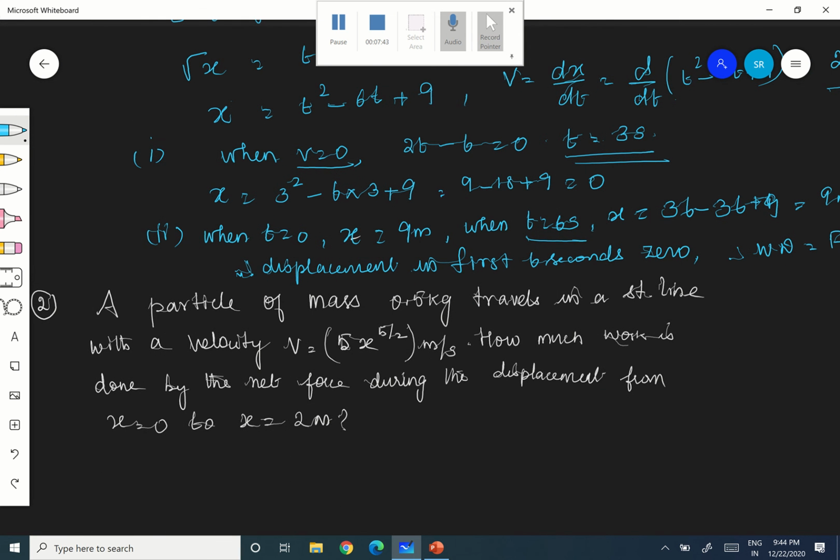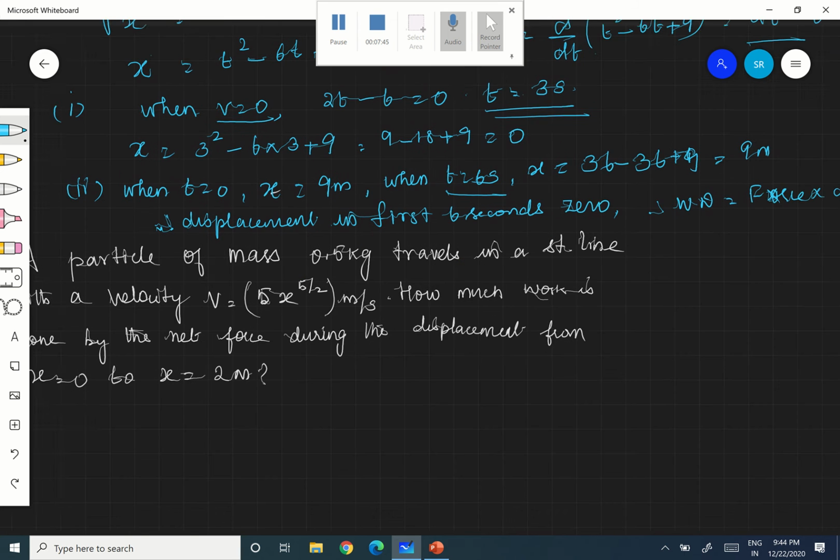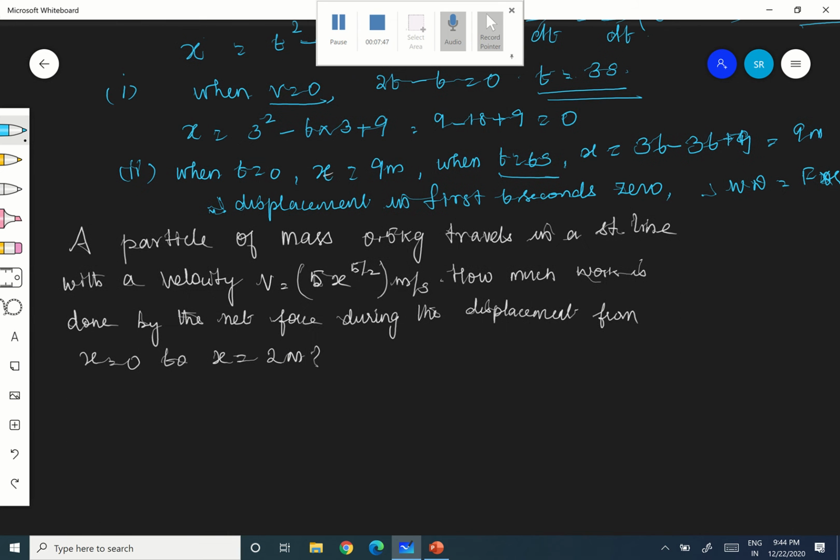Next one, let's see. A particle of mass 0.5 kilogram travels in a straight line with a velocity v equal to 5x^(5/2) meter per second. How much work is done by the net force during the displacement from x equal to 0 to x equal to 2 meter?